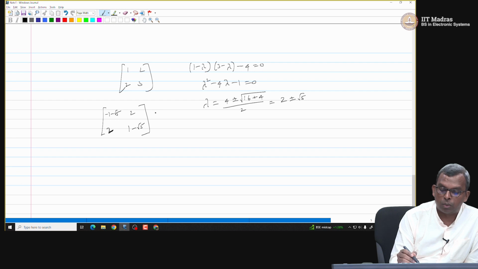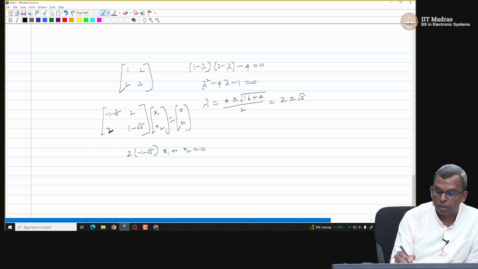So how do you find a null space vector here? Let us do this. I need to take this times x1, x2 to be equal to 0, 0. Let me do this in gory detail: 2 into minus 1 minus root 5 plus x1 plus 2 x2 is 0, plus 4.